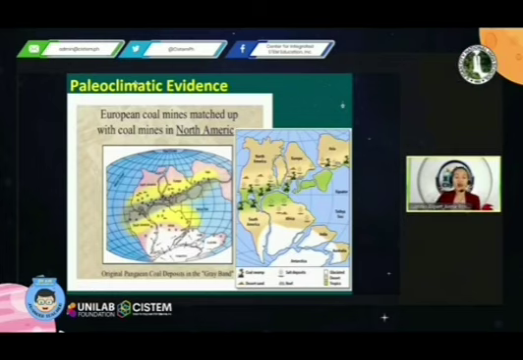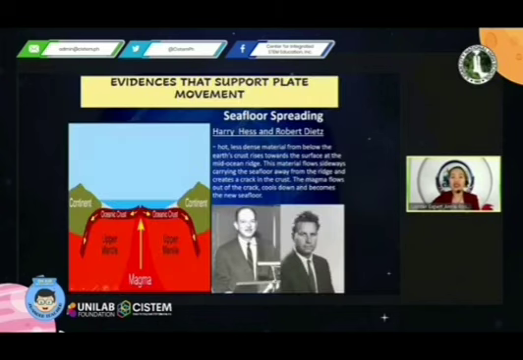Alright. So, because of that, there was another team who proposed another theory that was later accepted by the scientific community. And this one is the theory presented by Harry Hess and Robert Dietz.